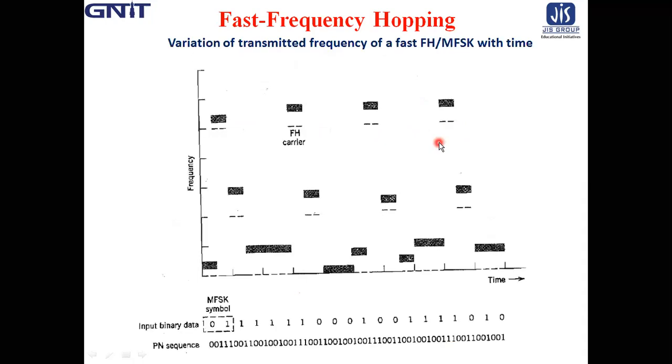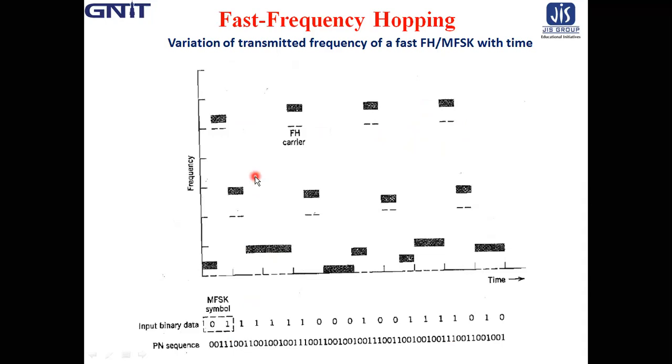Now see, in this example, each MFSK symbol has the same number of bits and chips. That is, the chip rate, say RC, is the same as the bit rate RB here.